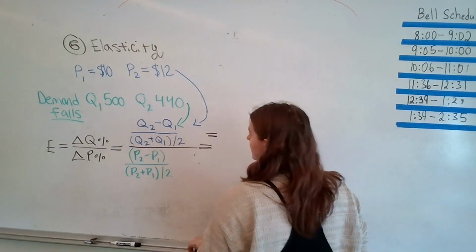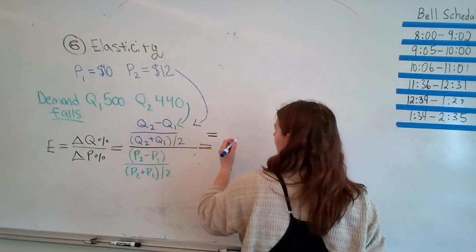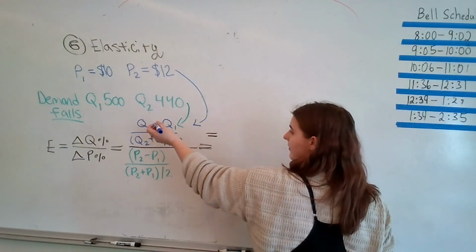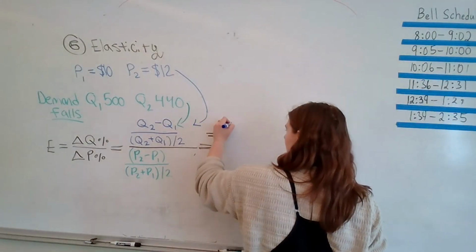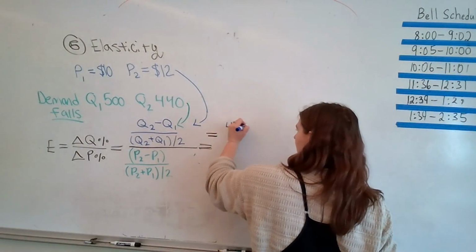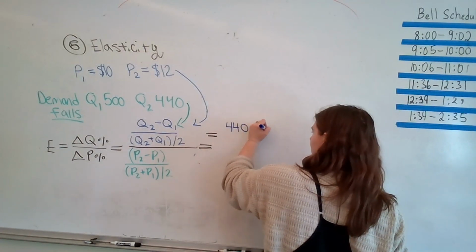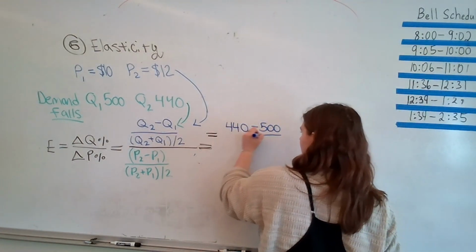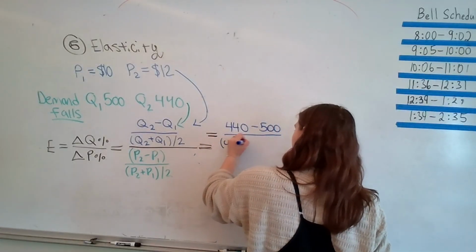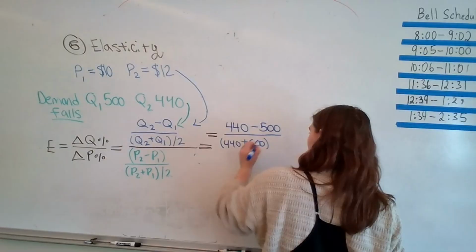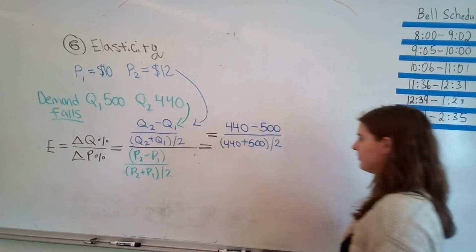So, we went from a quantity of 500 in our first period to a quantity of 440. Start at the top. 440 minus 500 over 440 plus 500 divided by 2.